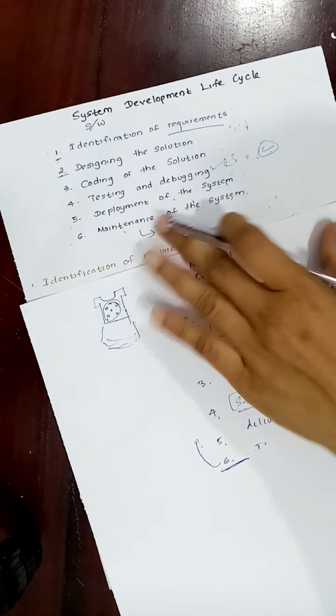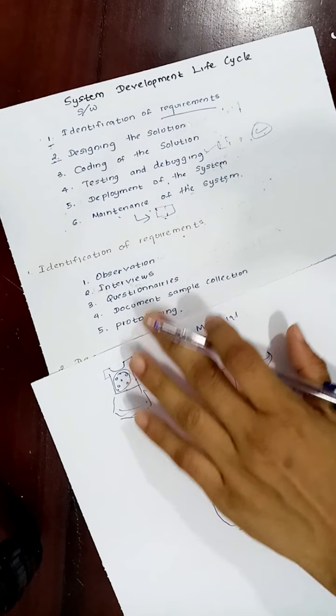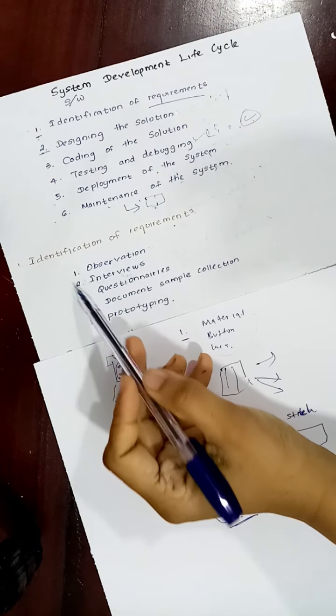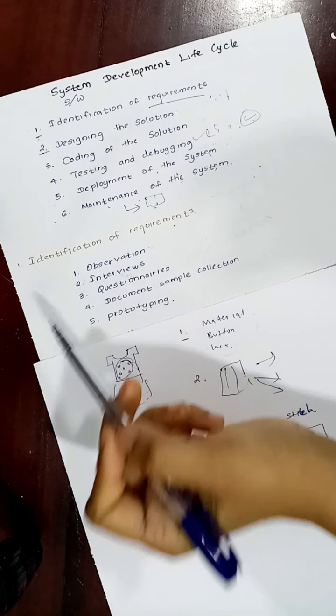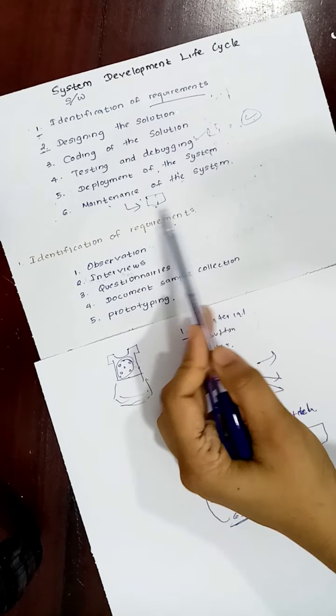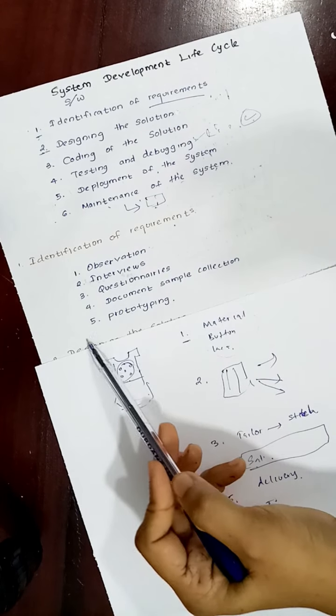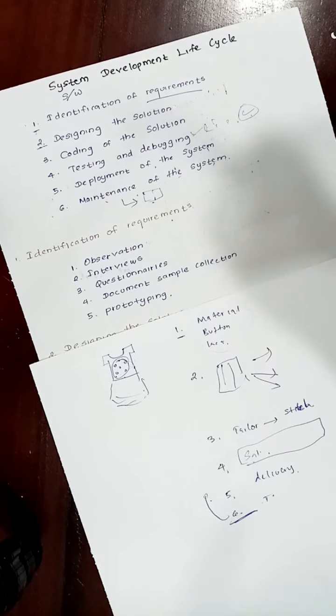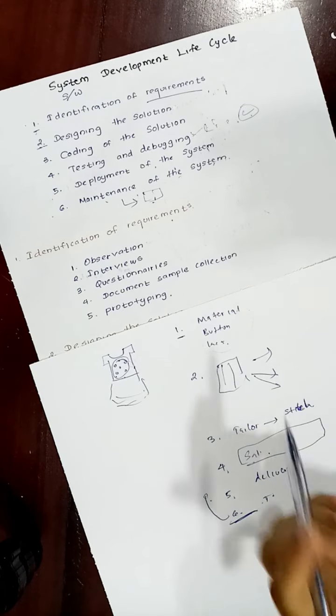We'll see this deeply. In the identification of requirements, there are mainly 5 types. In these 5 ways you can identify the requirements. First is observation. Observation means, for example, you are a software developer.